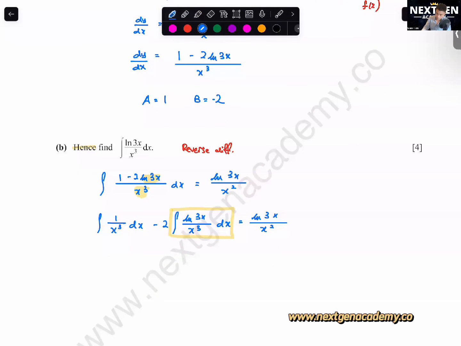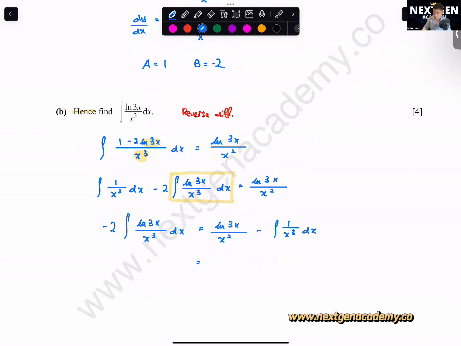Can we do this? So minus 2 integrate ln 3x over x cubed dx equals ln 3x over x squared minus integrate 1 over x cubed dx.